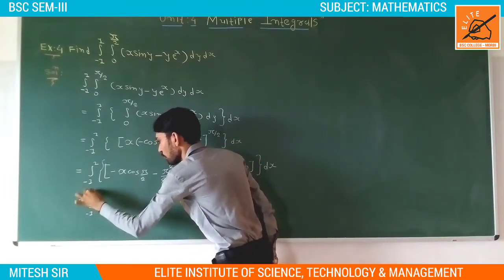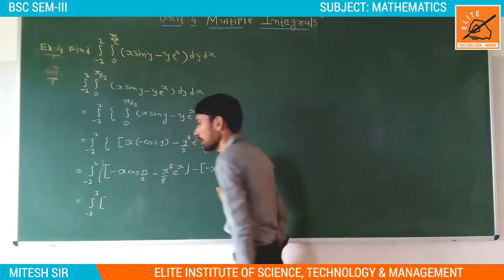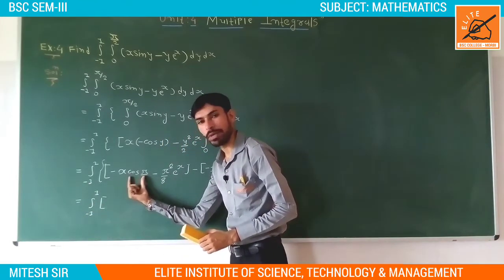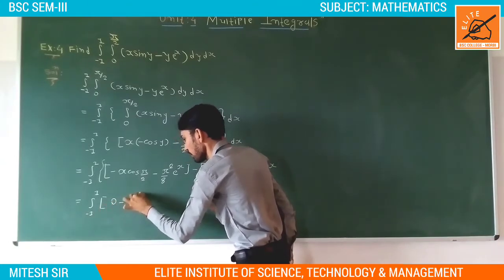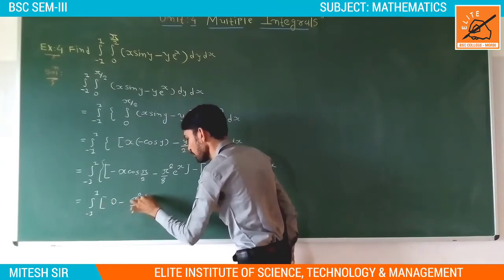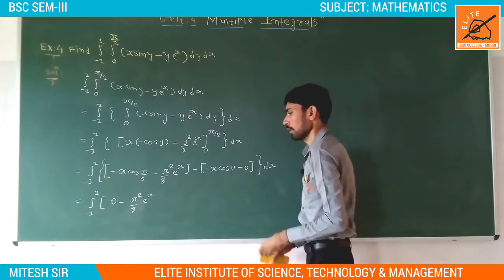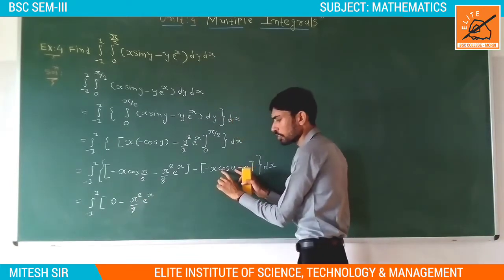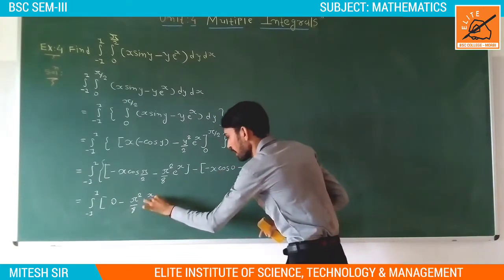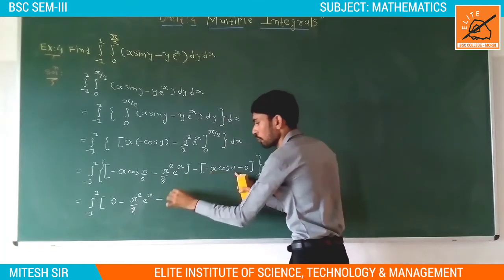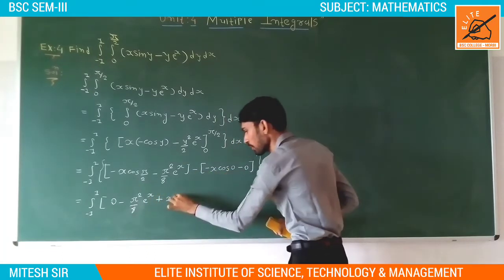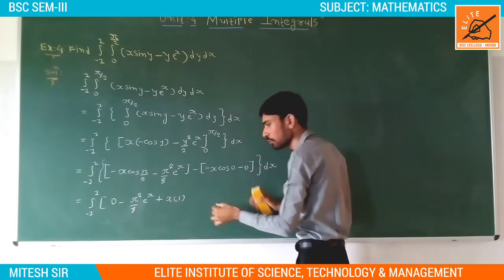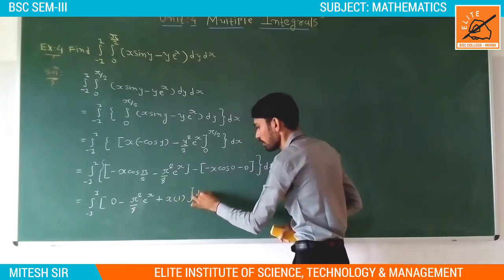Integration -1 to 1, remaining: as we know, the value of cos pi by 2 is 0. So the first term is 0 minus π² by 8 e raised to x. Friends, here the value of cos 0 will be 1. So minus x into minus becomes plus, cos 0 is 1, and the last term is already 0, into dx.